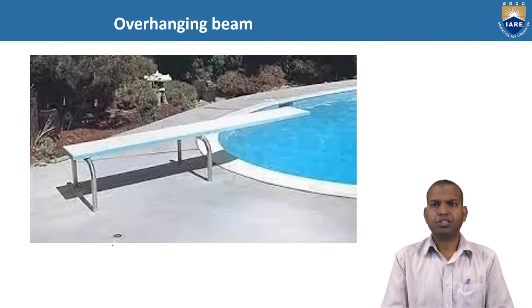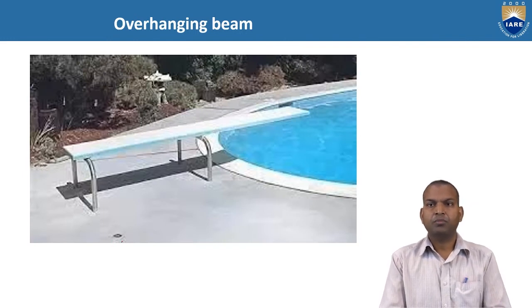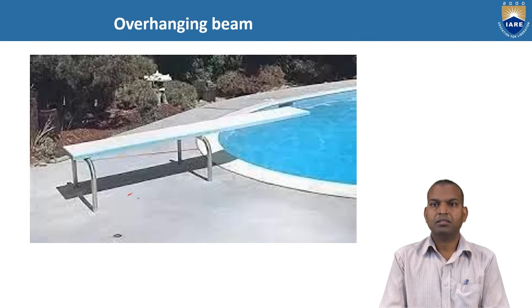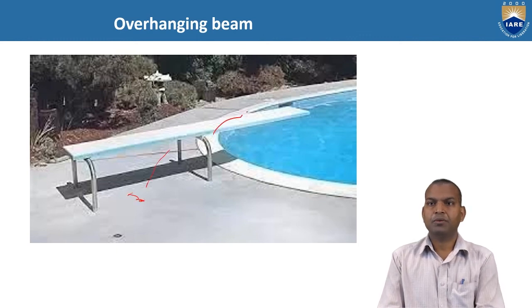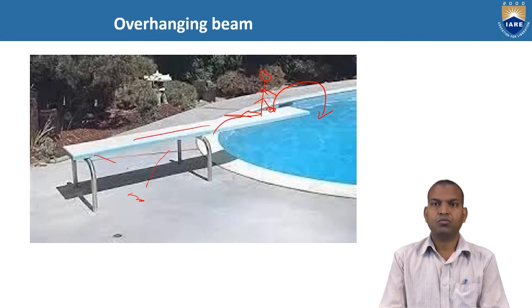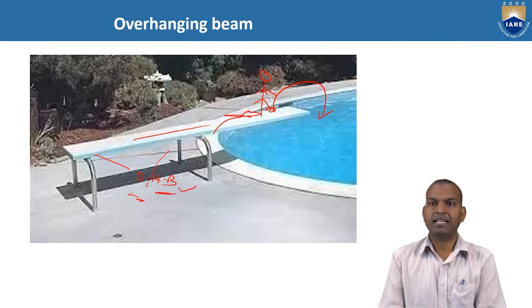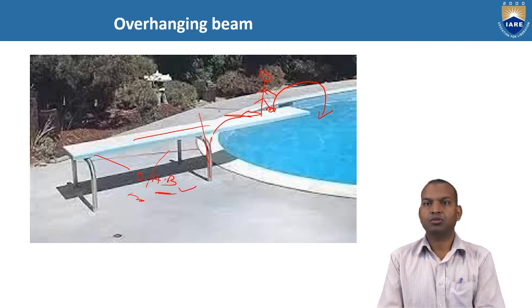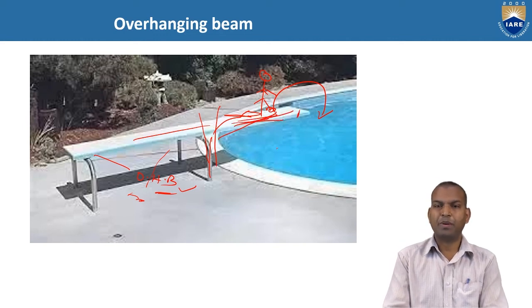Now here, near swimming pools, you can see people jump from here. They stand here and jump into the water, or some people lie down, but this structure is related to an overhanging beam. This is the overhanging beam that is extended from the support towards the right direction for a certain span.